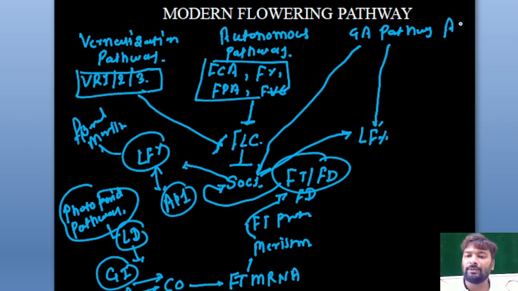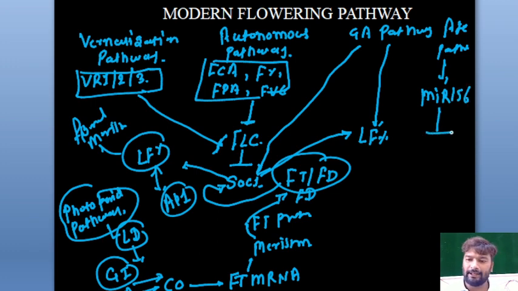And one more pathway, that is the age pathway, which activates the microRNA 156, which inhibits the SPL genes, and inhibition of these genes activates the LEAFY genes.